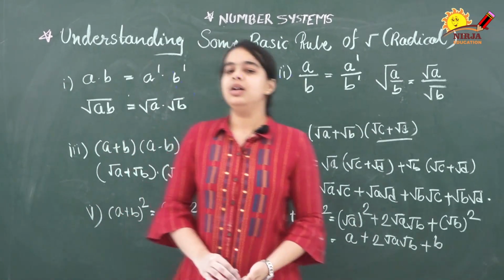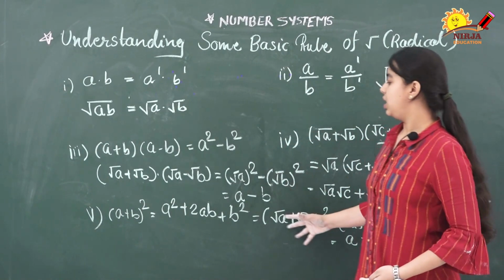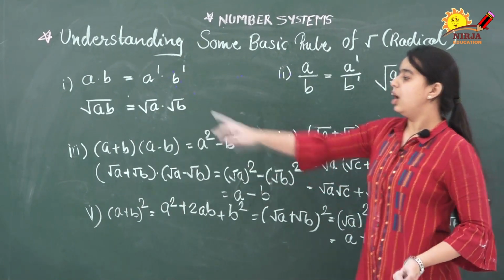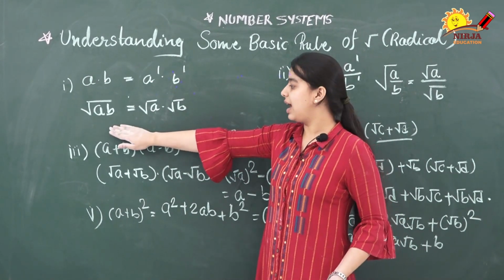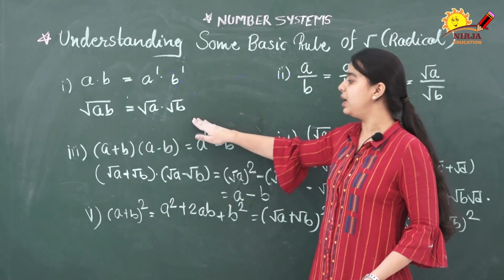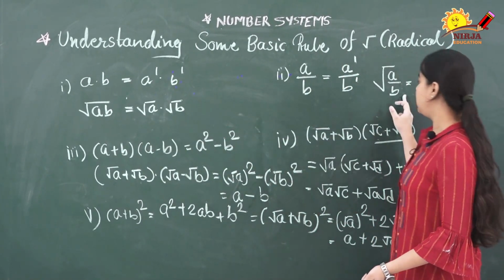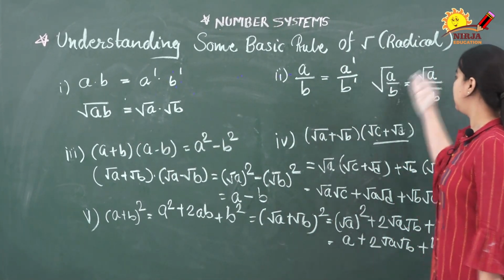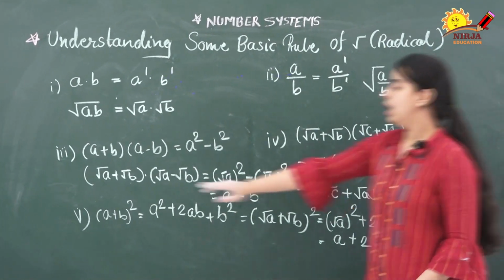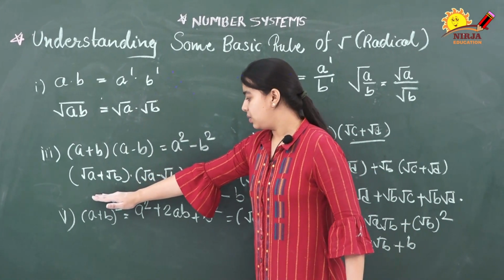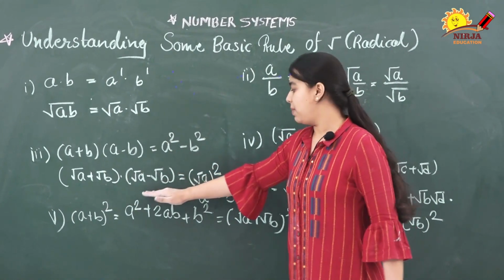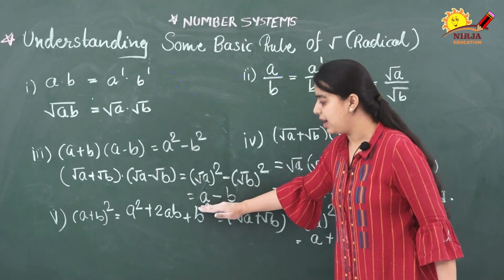So these are some basic understandings of radical sign. Under root ab you can write as under root a into under root b. If under root a by b is in division, then we can separate also. Under root a plus under root b into under root a minus under root b is equal to a minus b.